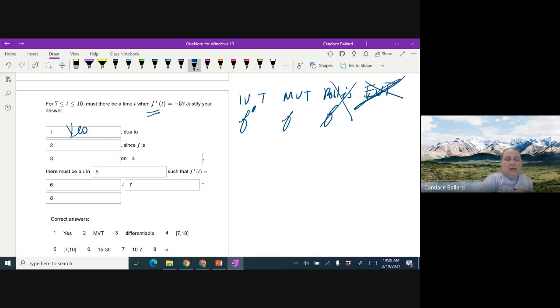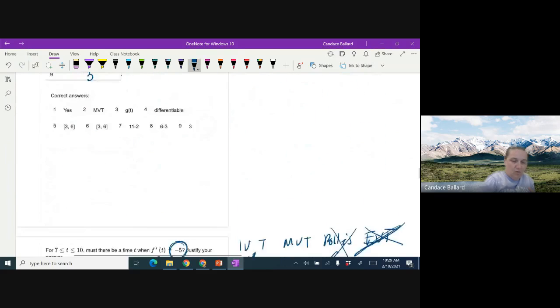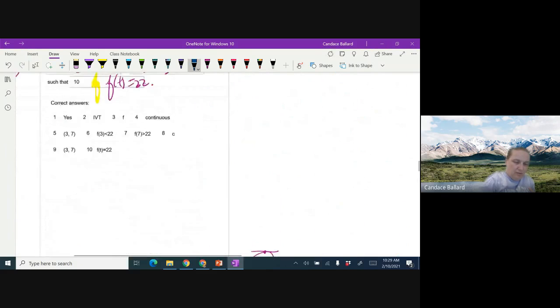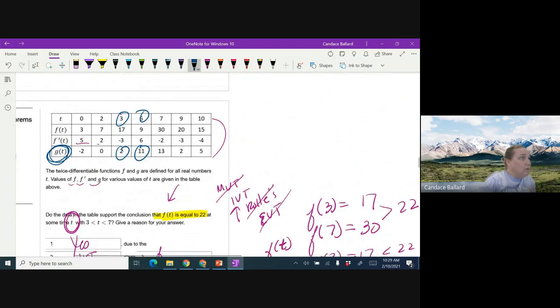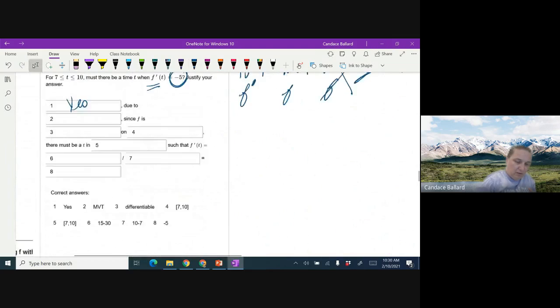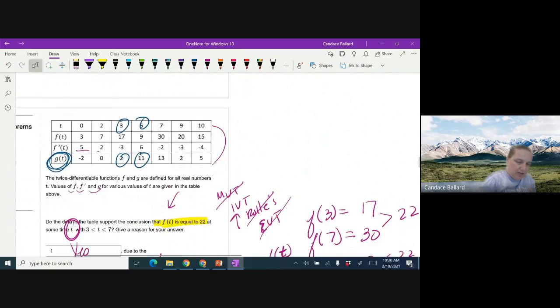Okay. IVT, I have to have places that surround -5. So let's go see if there's places that surround the -5 in the chart. I don't remember what my interval was, and I didn't pull it up. What was my interval? So I want to be specific to the interval on that. 7 to 10. Okay, so I'm going to check out 7 to 10.